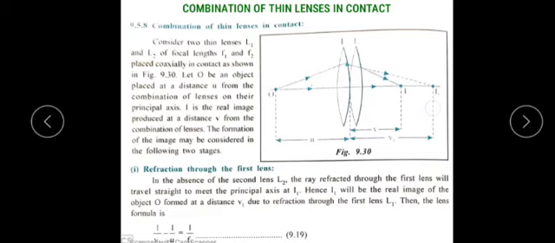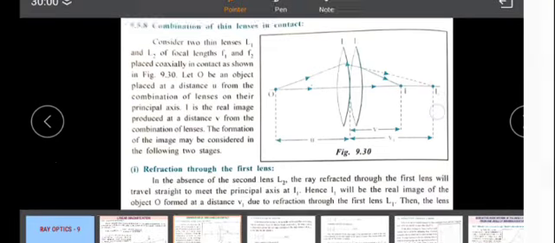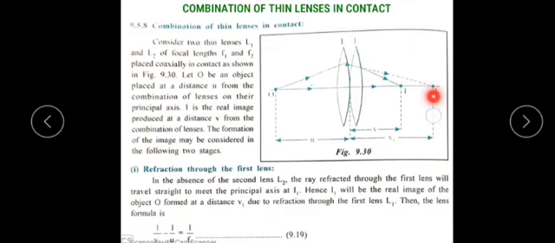See here, in the absence of the second lens, a ray from the object which is incident on the first lens and refracted will meet the point I dash. This is the image of the object O in the absence of the second lens. Now it is considered to be a virtual image in combination.